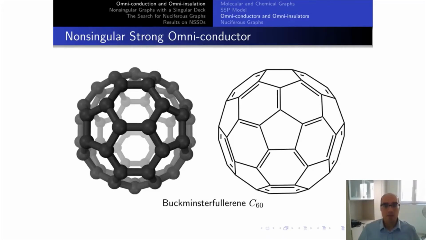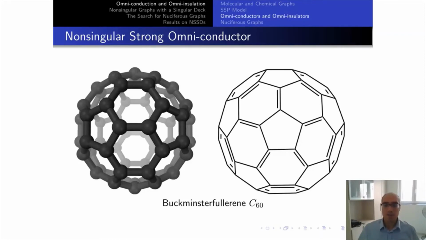Now, if you were to take the adjacency matrix of this graph, so a 60 by 60 matrix, and you were to find its inverse, first of all, the inverse exists, and secondly, the inverse will contain exclusively non-zero entries. In chemical terms, this makes it a strong omniconductor because its inverse has this property.